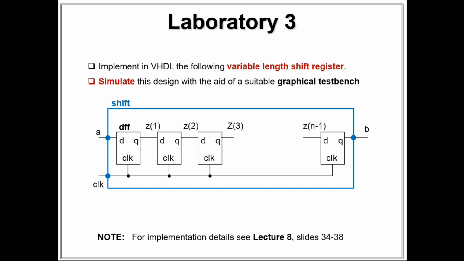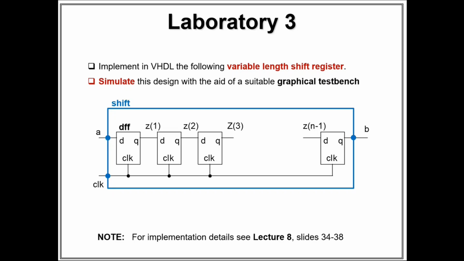And this particular shift register connects a number of those D-type flip-flops depending on the size of n in there. And that would be our generic parameter, the length of the register. And all that is covered in lecture number 8.